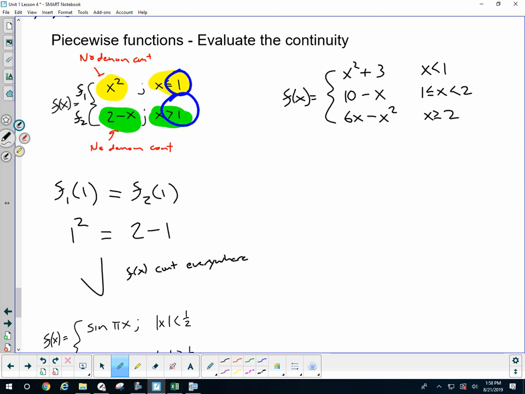If I have 3 pieces, well, let's label them f sub 1, f sub 2, f sub 3. F sub 1 may or may not meet up with f sub 2 at 1. So we got to check. Do they meet up?